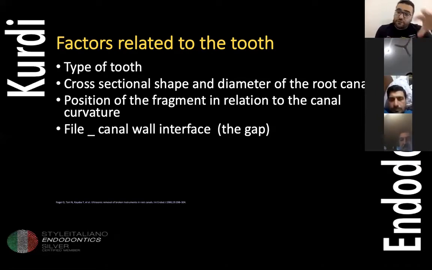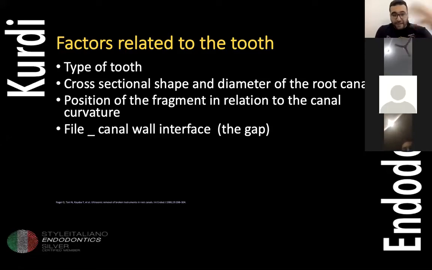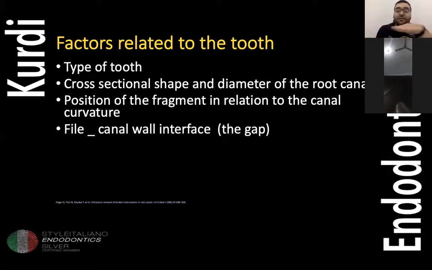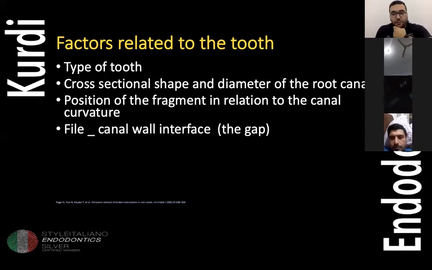From this lecture, from now on, we are going to divide our separated file cases into separated file before the curve and separated file beyond the curve. According to the position of the broken file to the canal curvature, we will divide them into files broken before the curve and files broken beyond the curve.